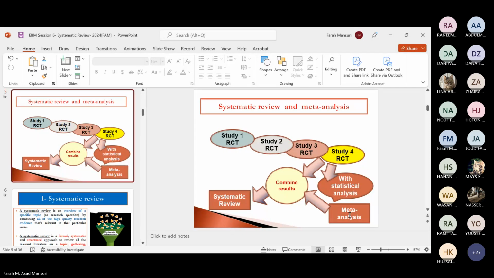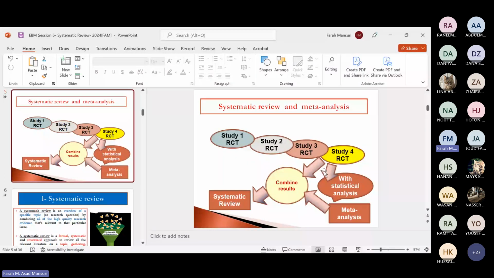Basically, sometimes we don't get enough studies with the accurate or required results in these RCTs in order to combine their results.